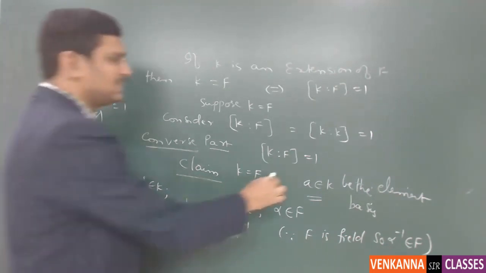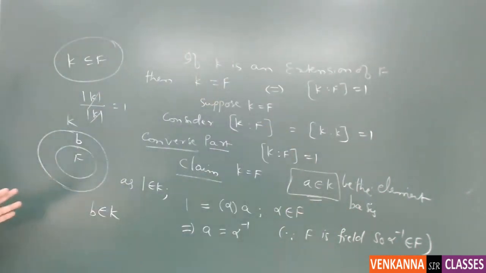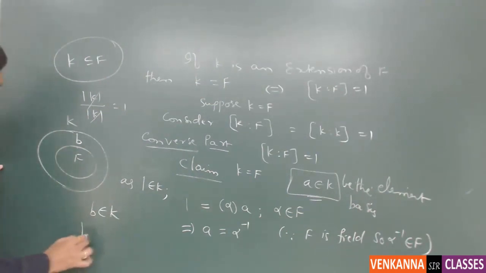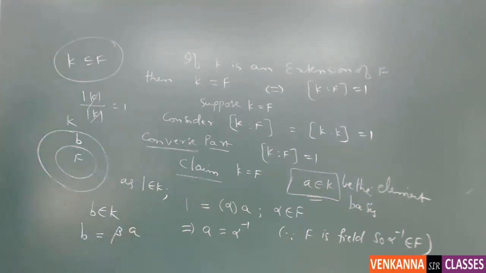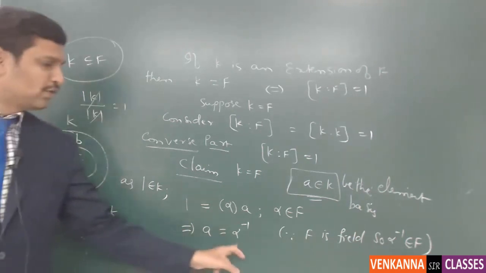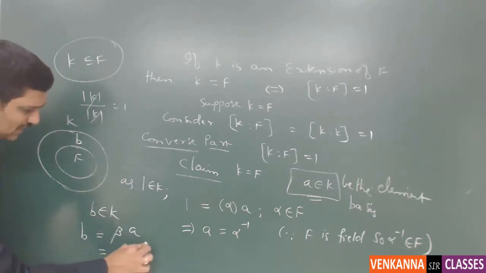As this is the basis element, whatever value you consider must be written as a linear combination of that. So you can write B is equal to beta times A, because the singleton A is the basis. As we know, A is equal to alpha inverse, so this is beta times alpha inverse.